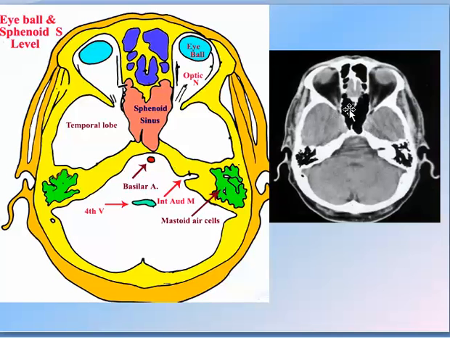Of course, this is the posterior aspect of the ethmoid sinuses and sphenoid sinus, the orbital cavities, the optic nerve, the temporal lobes, basilar artery, region of the medulla, internal auditory canal, external auditory canal, mastoid air cells, and region of the fourth ventricle.